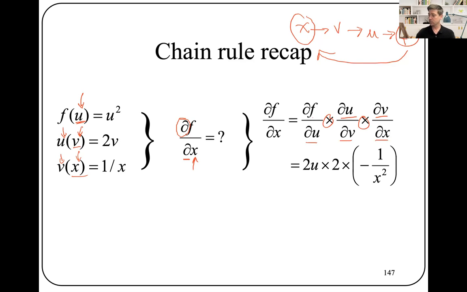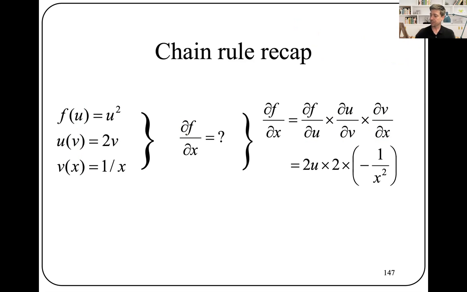Okay, and that sort of makes sense because, as you can see, these terms cancel out, these terms cancel out, and what we get at the end is the derivative of f with respect to x. So if we look at each of these terms individually, it's actually quite easy to compute them because they're basically just regular functions that we can differentiate.